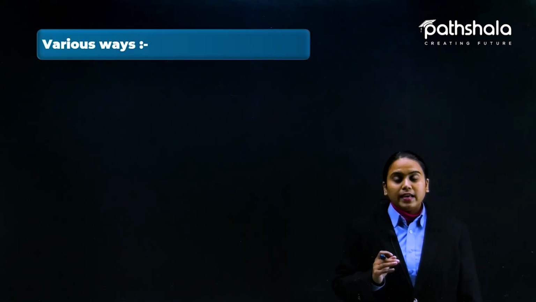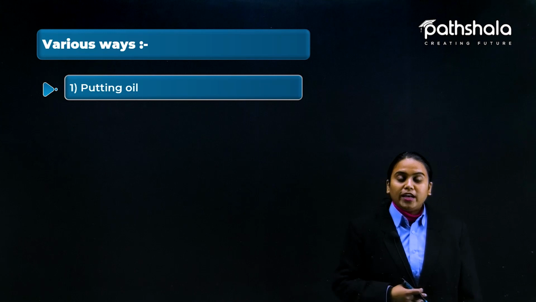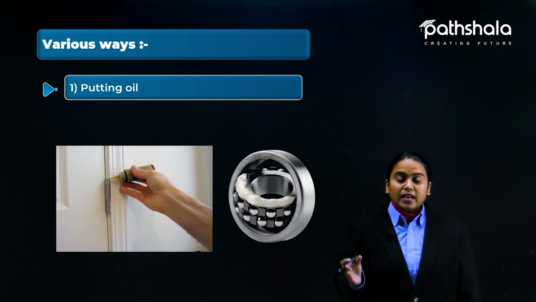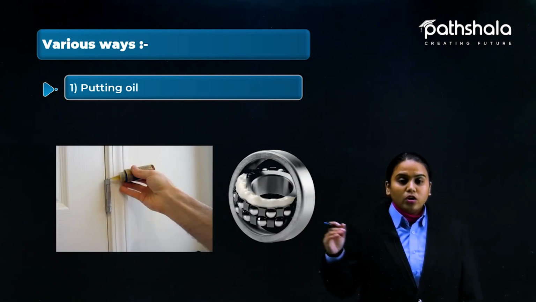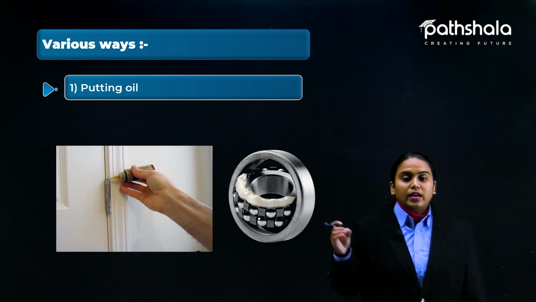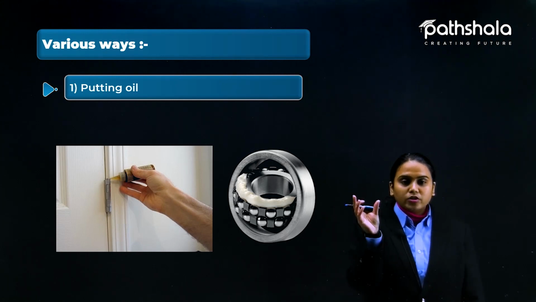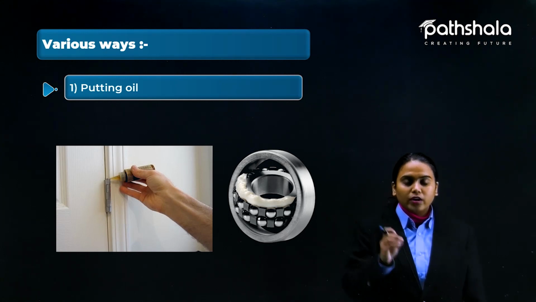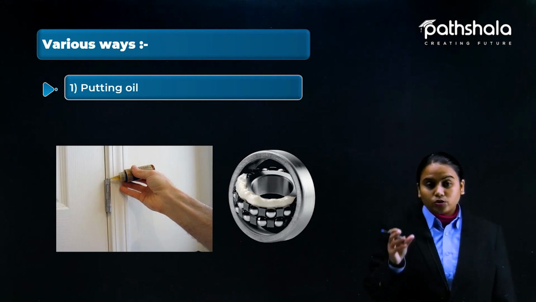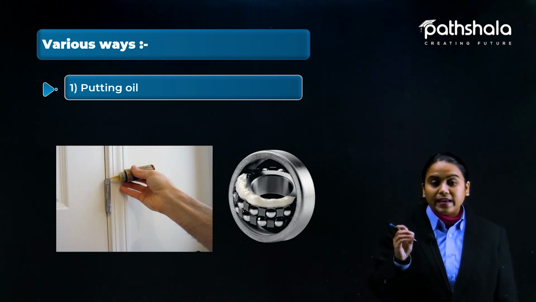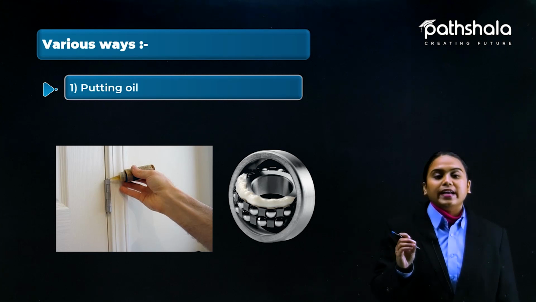So the first thing that we can do is putting oil. Like at your home, you can see your father oiling the parts of your gates, doors, and bicycle also. So putting oil works as a lubricant here.